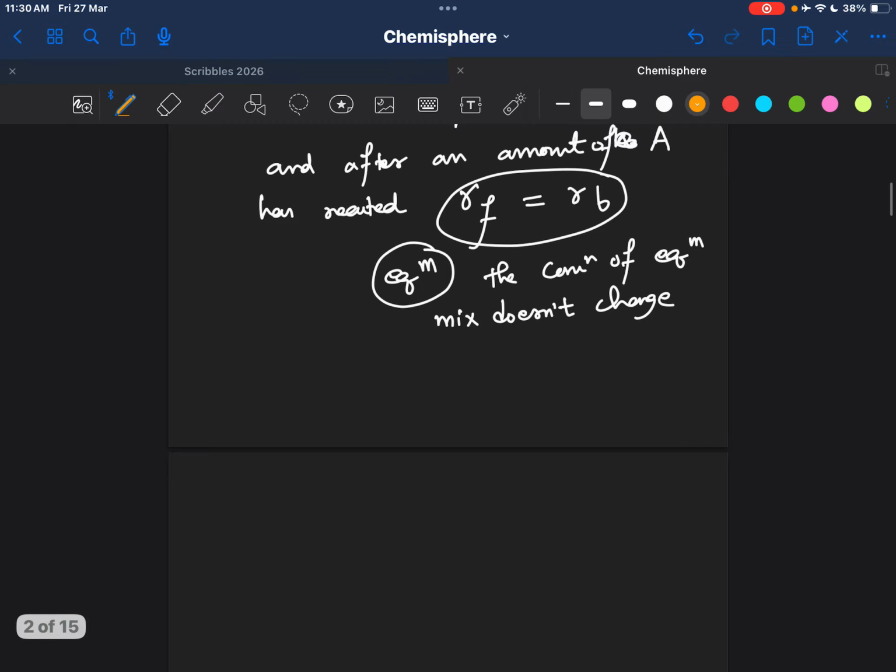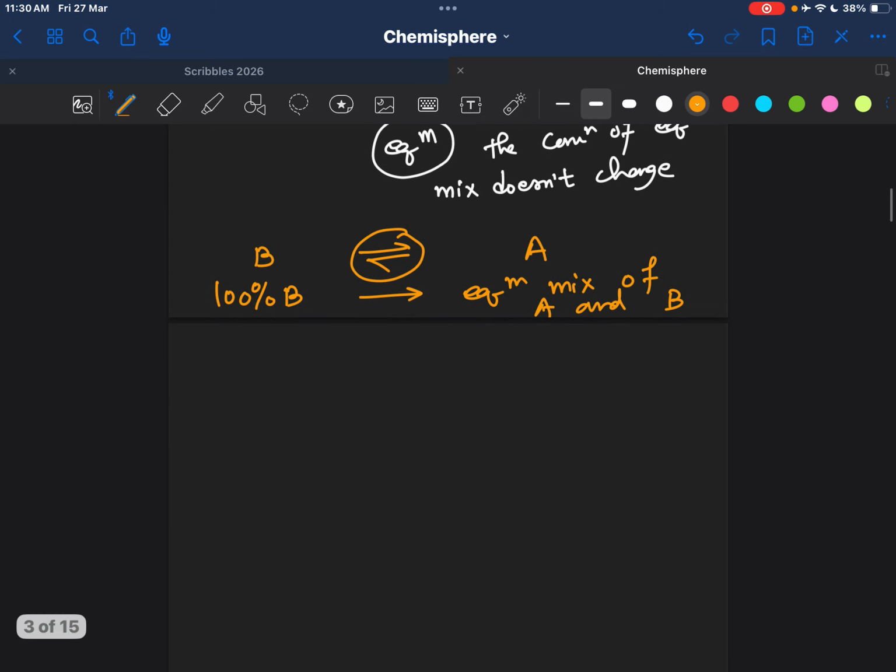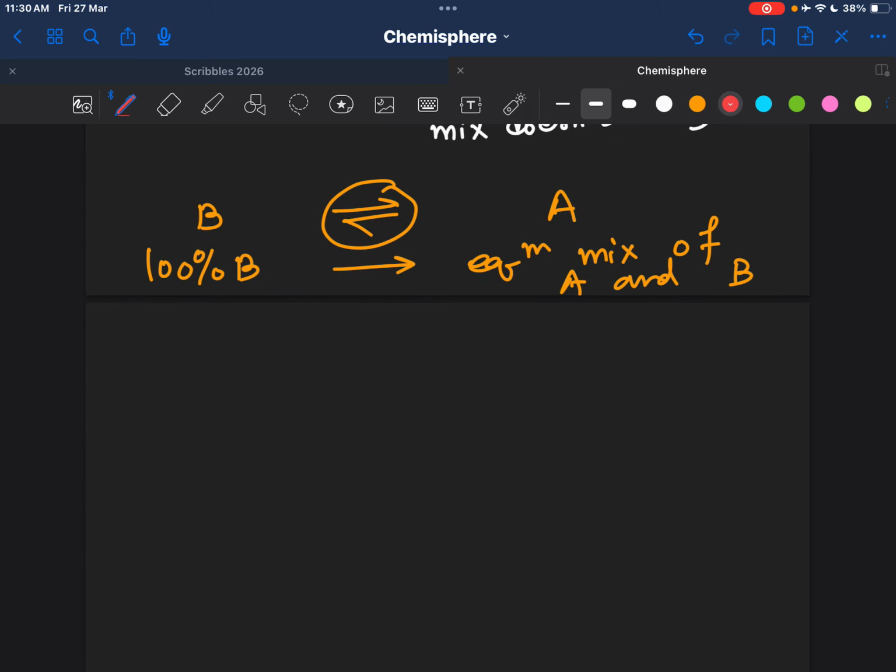Same thing applies in the case of B and A. We start with 100% of B, and the final destination is an equilibrium mixture of A and B. That is the difference between a reversible reaction and an irreversible reaction, and that's what we need to know. Cool. Now we know a few points, so let's understand a few things.